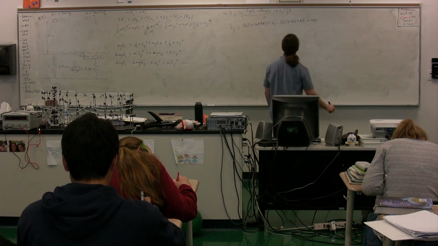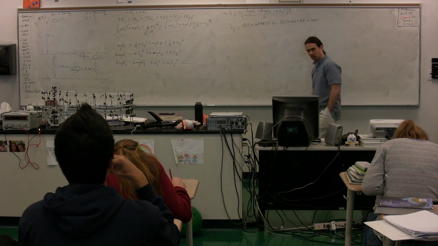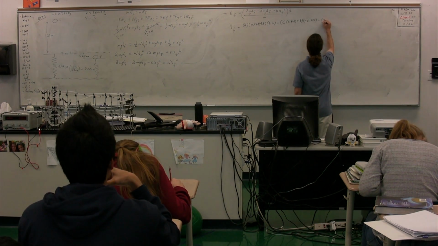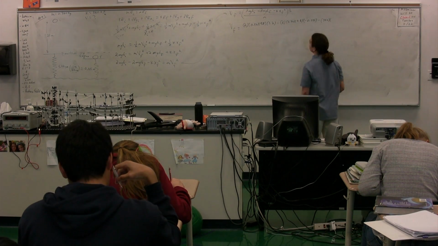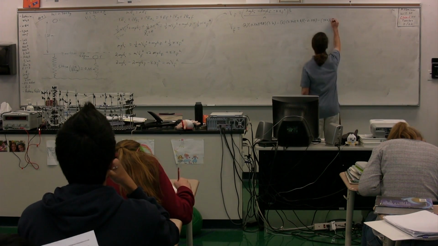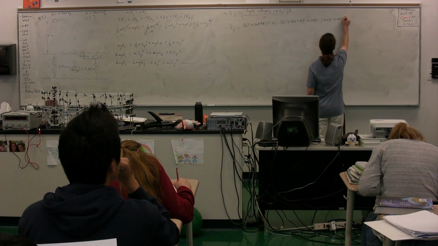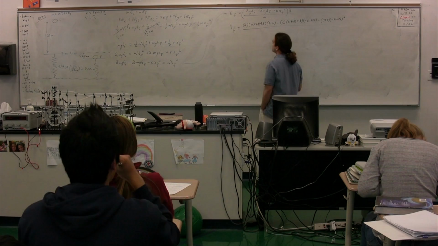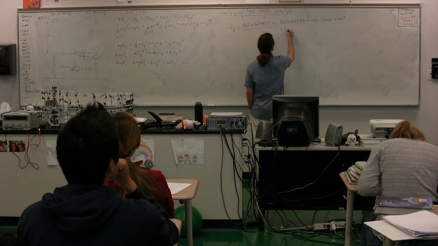Centimeters cancel out, and we end up with 0.05 meters. Why negative, Mr. Reed? Because it's below the 0 line. Good. It's below the 0 line. Minus k, 350, times x final, negative 0.05, and that is squared, divided by the mass, 0.36.